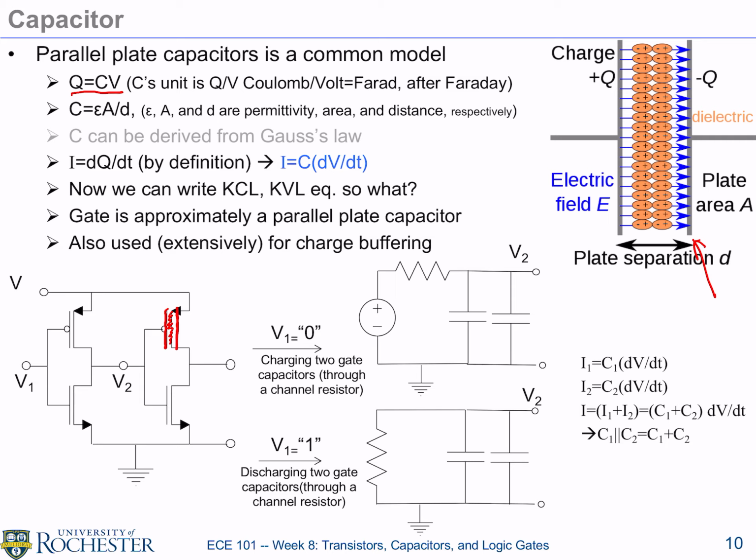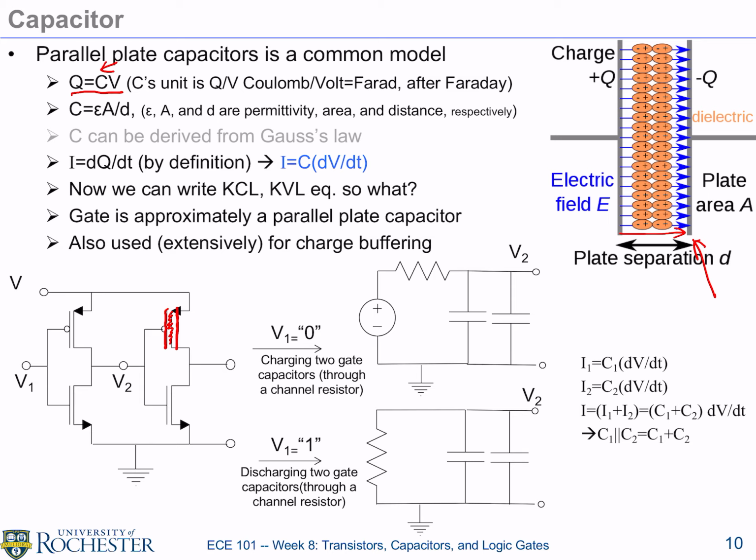So if you can count the number of ions or electrons, that Q is proportional to the capacitor's capacitance, C, and the voltage across the two plates. So Q equals CV. That's its Ohm's law, if you wish, the circuit element's property.